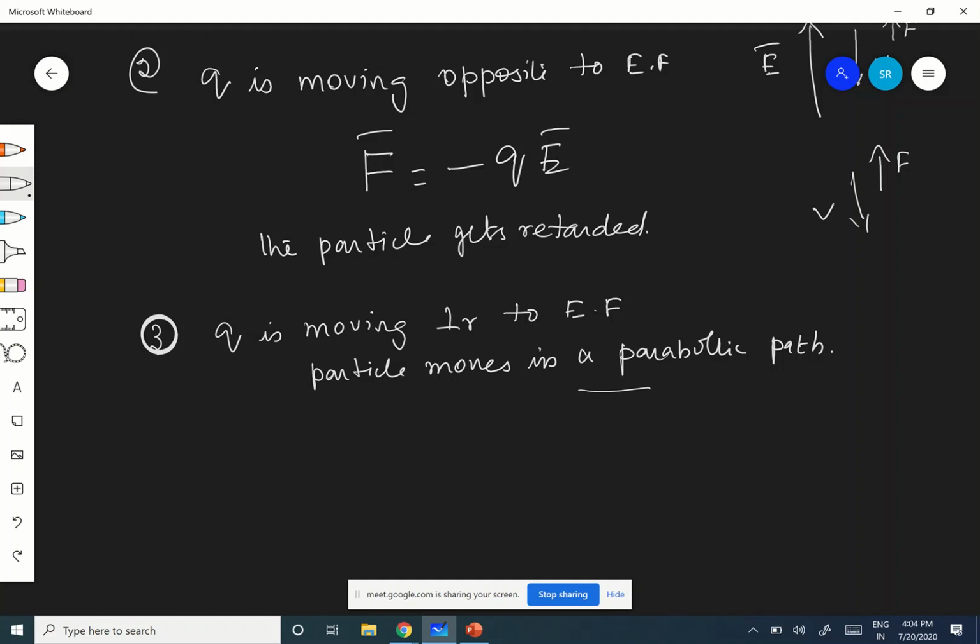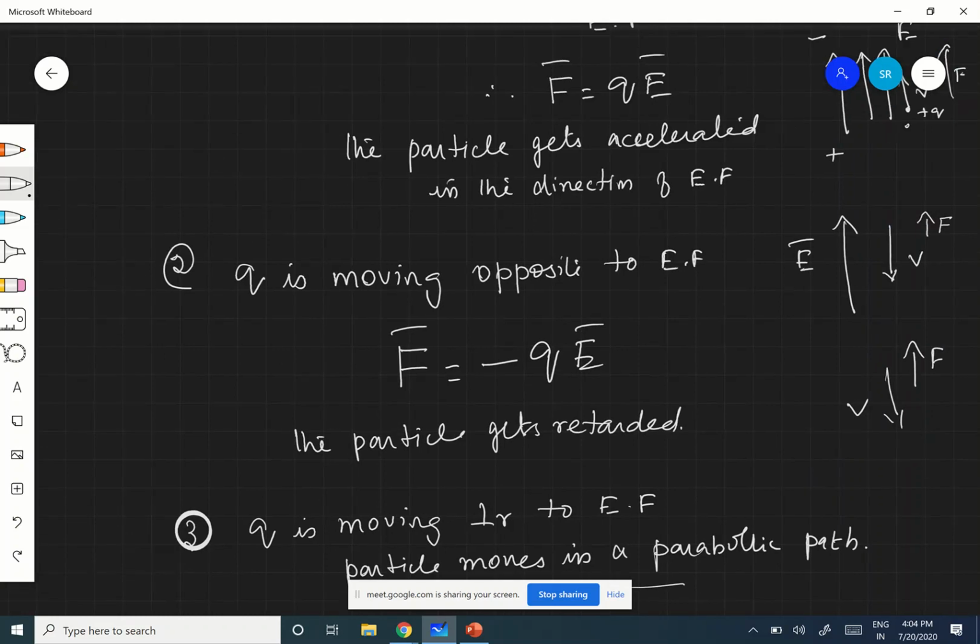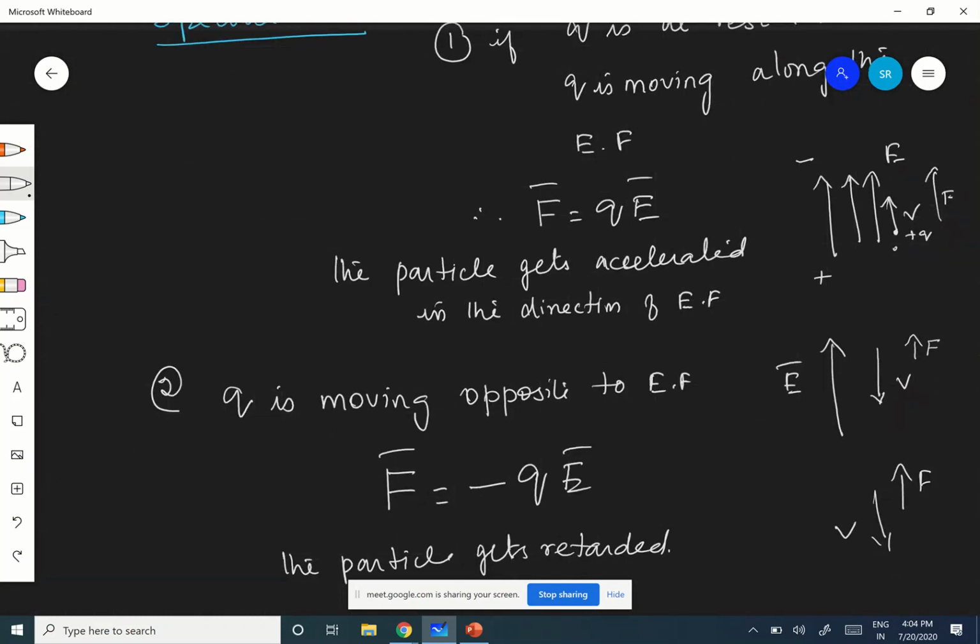Therefore there will be acceleration only in the direction of the electric field. But if your charge is a negative charge, accordingly everything will be opposite, because it will be accelerated towards the negative end of the field. Clear? You are following? So hope you are following this.